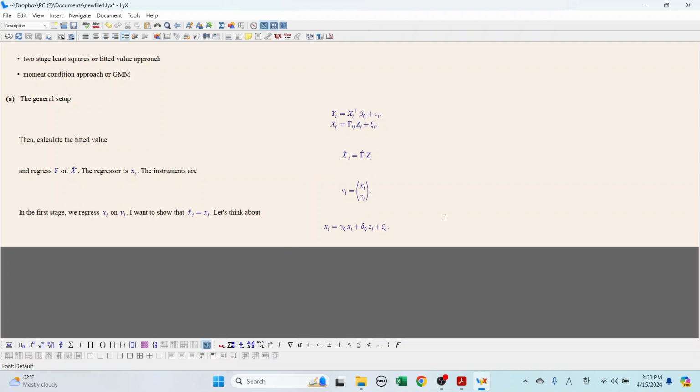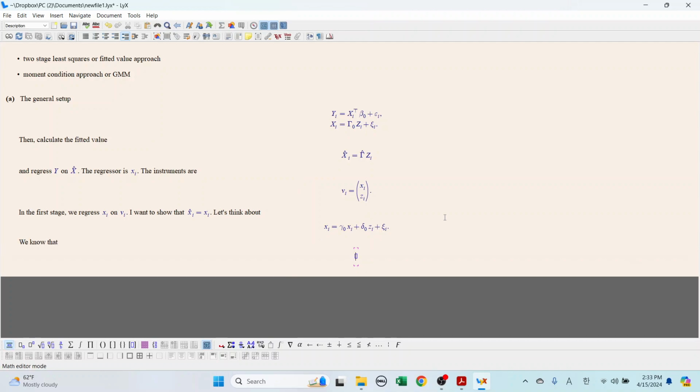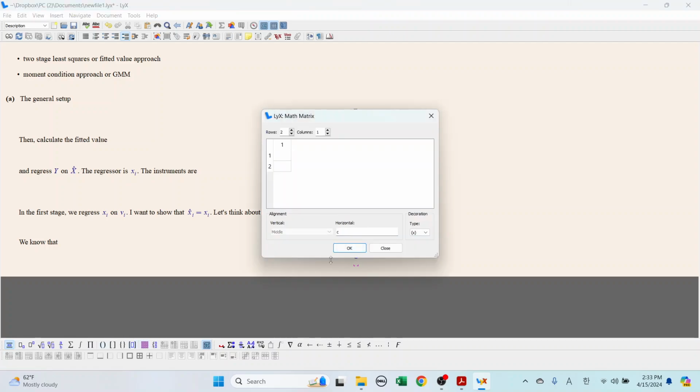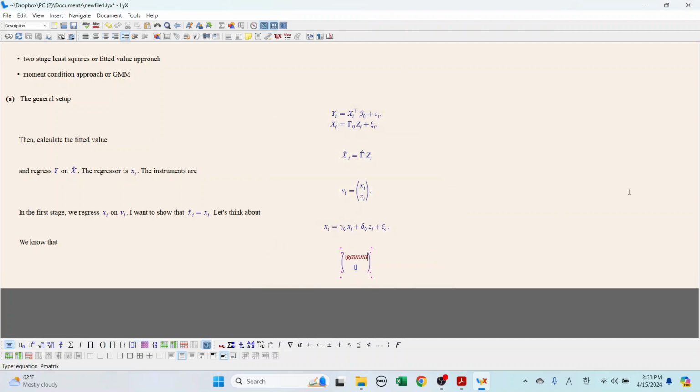We know that the coefficient vector is the expected value of v v transpose, inverse, times the expected value of v x. We have studied this formula many times in chapter 1, right? So X prime X inverse and X prime y, this is how we obtained it.